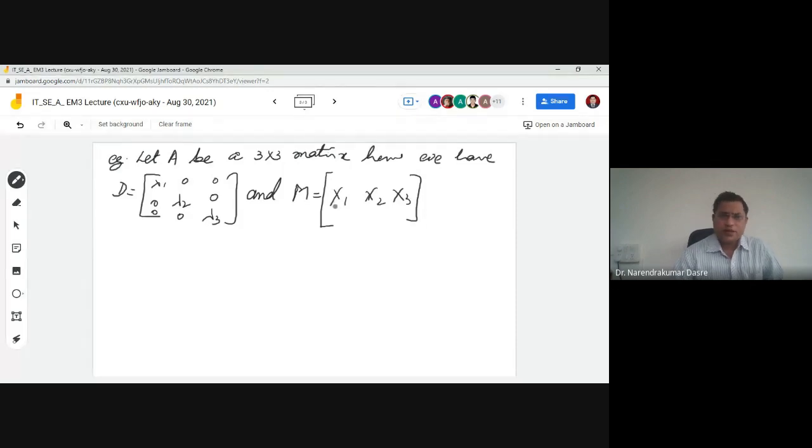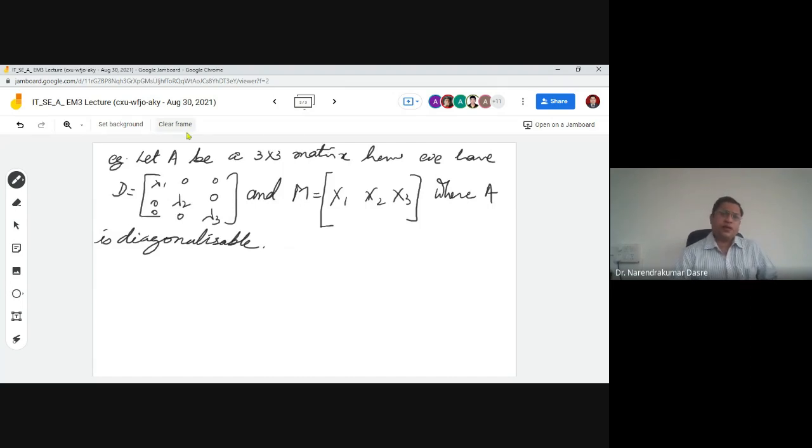So the first column is the first eigenvector, the second column is the second eigenvector, and the third column is the third eigenvector, where A is diagonalizable. So A has to be diagonalizable.